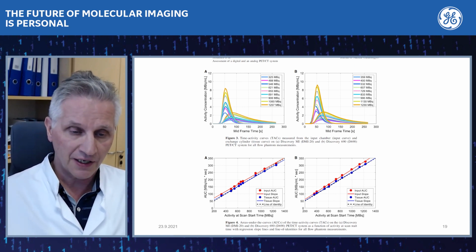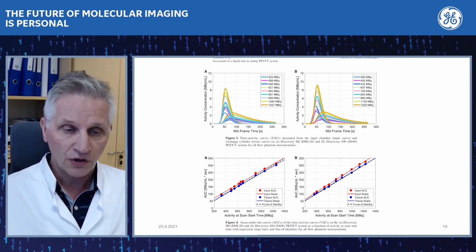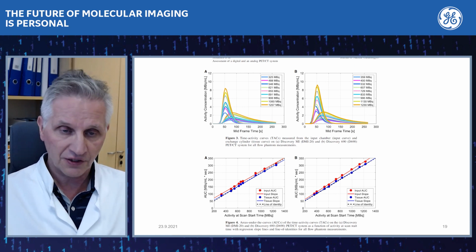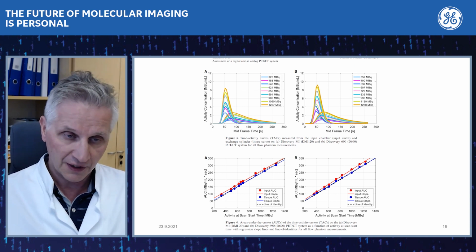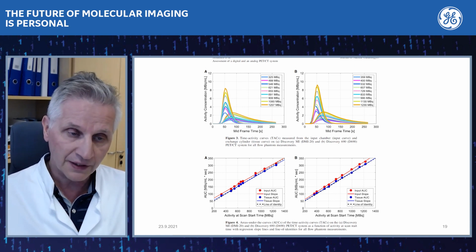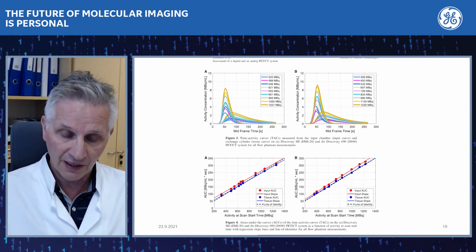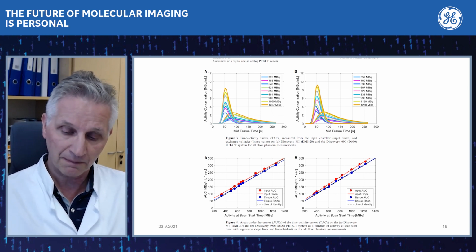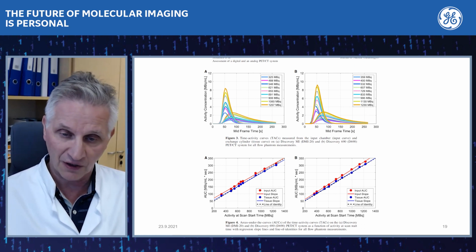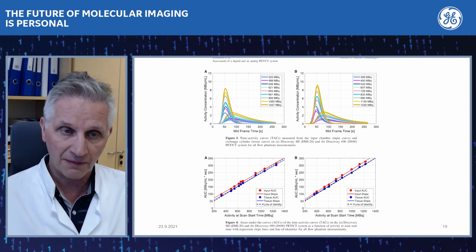As you see here, when you increase the injected activity, your area under curve is very strongly linear, and there was practically no difference in any of those scanners in the accuracy of quantification. And that's of course very good information, because if you want to use PET as a tool to measure absolute quantification, then the performance in this sense is a critical parameter.